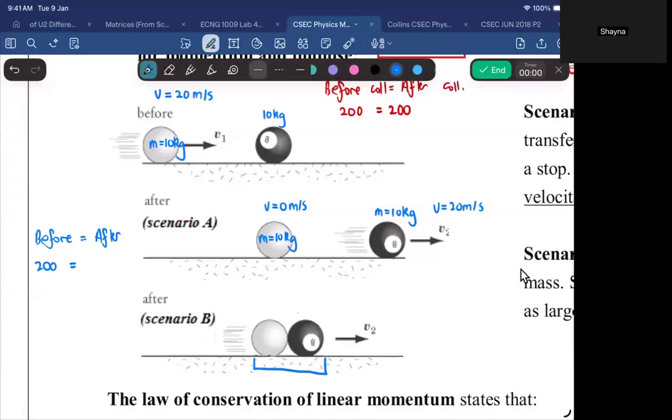If both of them are moving together, what mass will be moving forward? 20 kg. Excellent. So in this situation, the after momentum will be the mass times the velocity. The mass here is 20, and the velocity, we're calling it V2 in this case. So if I were to find V2, what would I do?